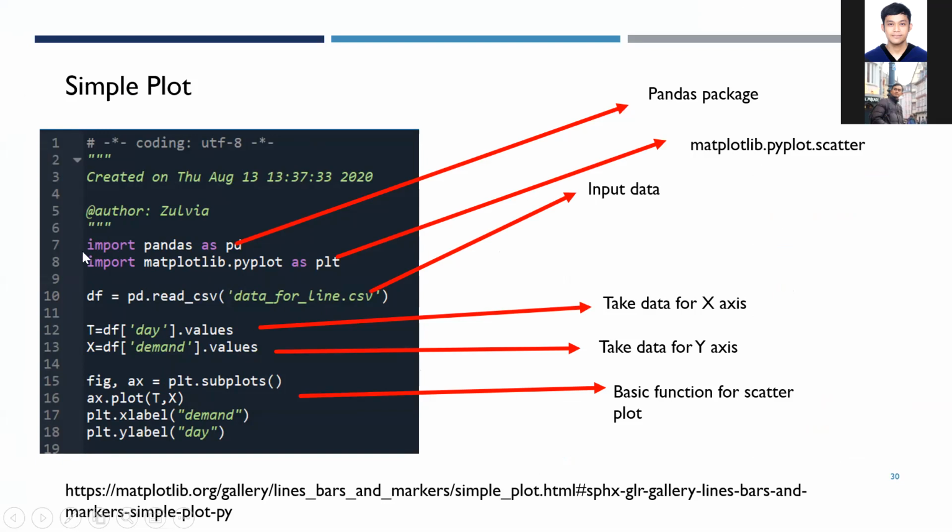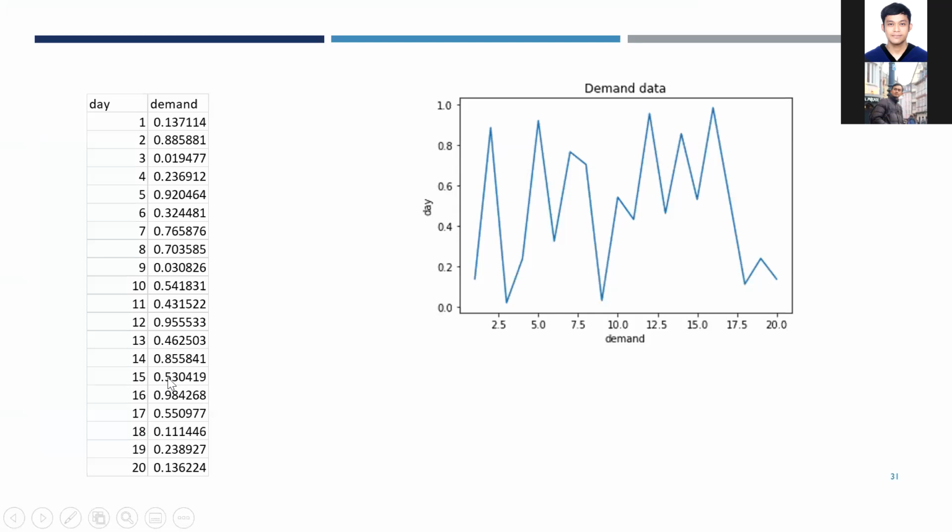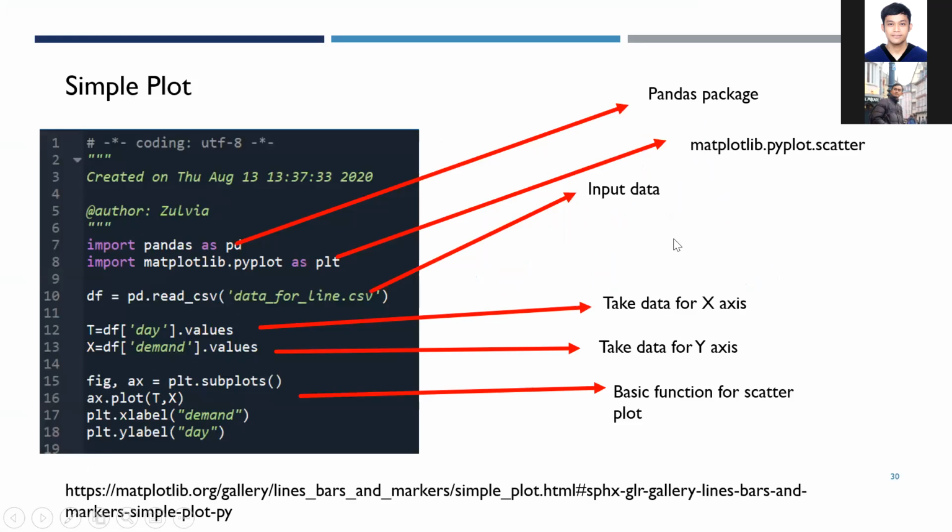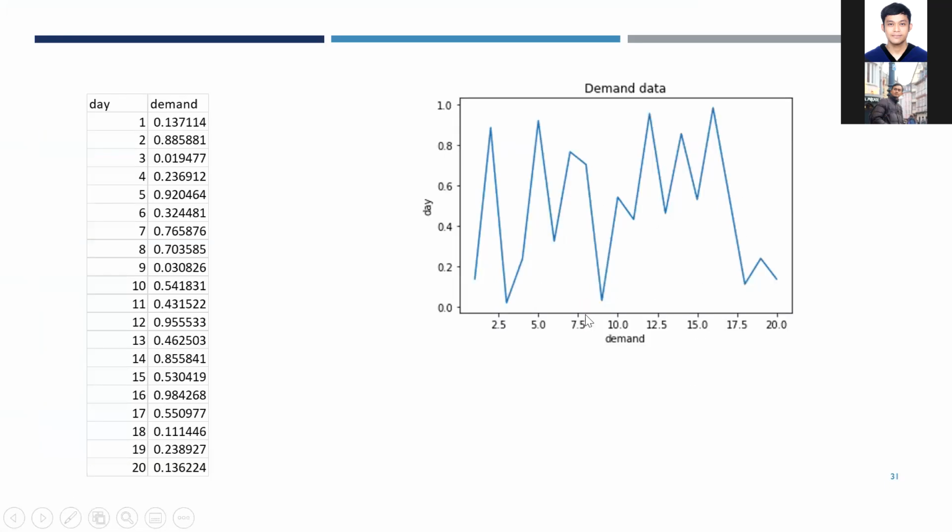First we have to import the library matplotlib, and then we can call all of these. This is the basic function, for example, for the plot. If I have this data, using this command, I can get this simple plot.